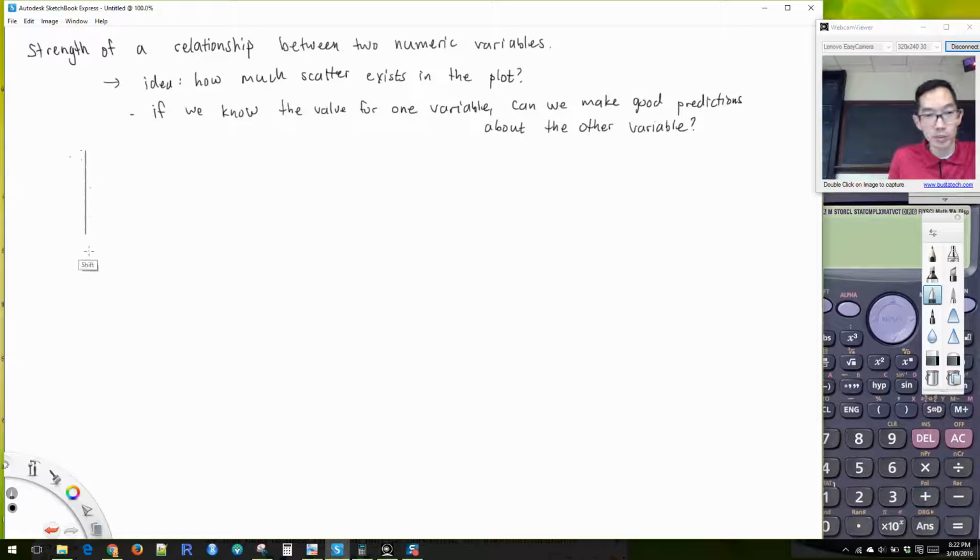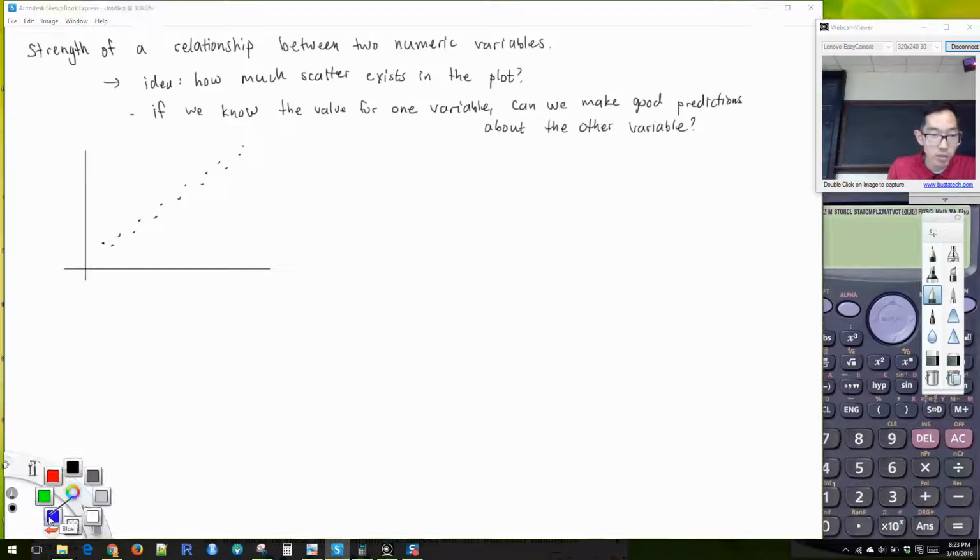Okay, and so even if I get rid of this straight line here, let's say your data looks something like this. And I said, okay, here's some value x right here. What is your prediction for y?